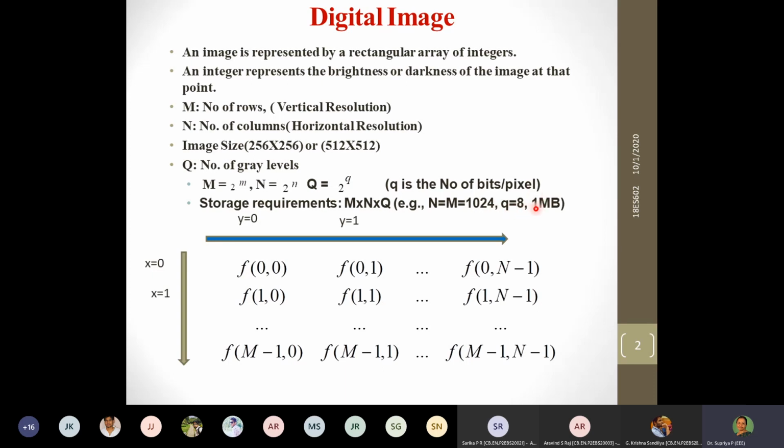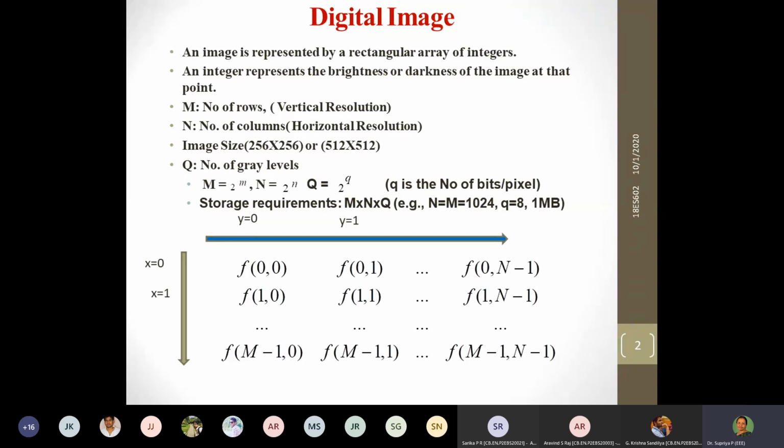This is quite a large memory constraint on an embedded platform. So we need to consider whether such images should be used or whether we can do with 512 by 512. So there is going to be a trade-off between the size of the image and the storage and the implementation level of the application.